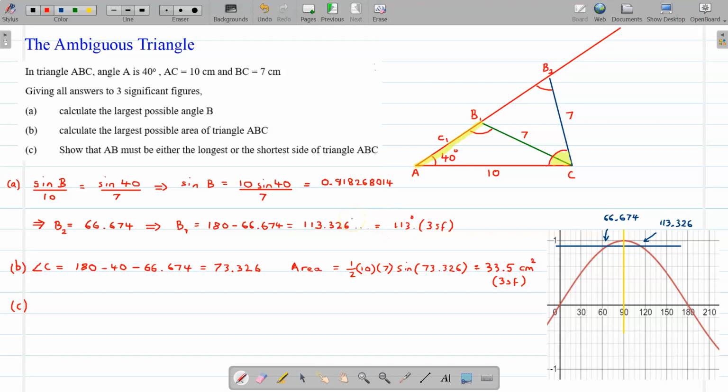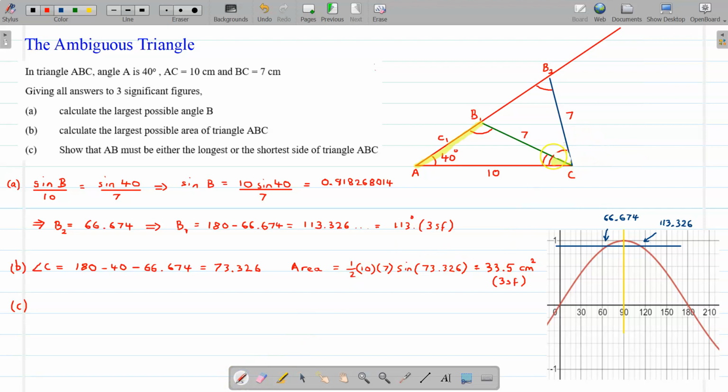Now to find that length, I've got to use the smaller angle in here. So I'm going to have to show this by just removing some of that yellow, because I'm going to use again the sine rule.